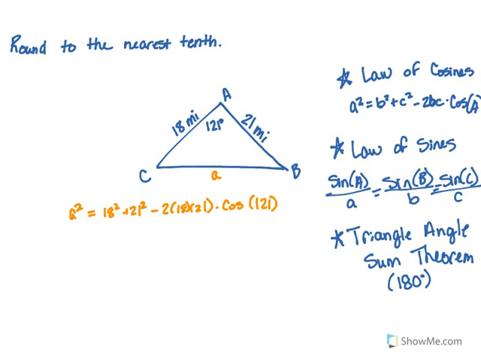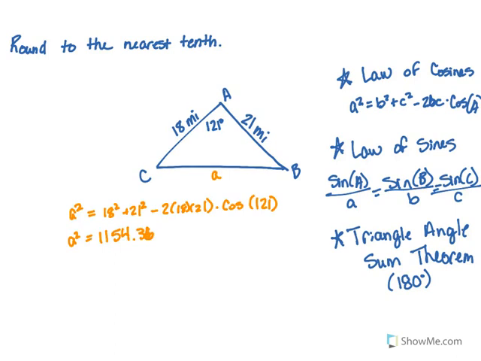So go ahead and type that in your calculator. I did not do that yet. So 18 squared plus 21 squared minus 2 times 18 times 21 times the cosine of 121. Okay, so when you do that part, you should get 1,154.36.